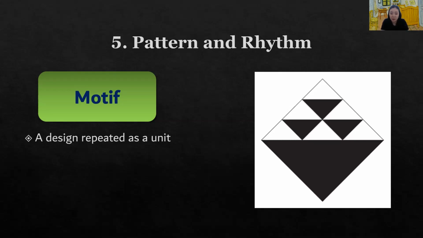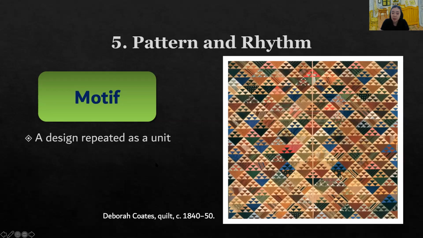An artist can create a strong, unified design by repeating a motif. So for example, there is a unit design, which is a motif. And when it repeats, it makes a pattern.